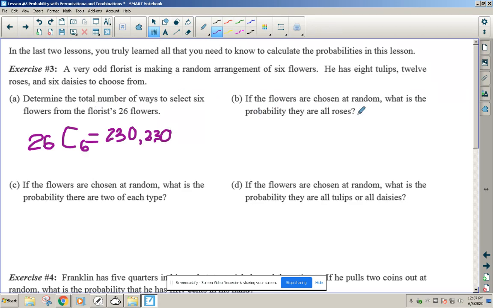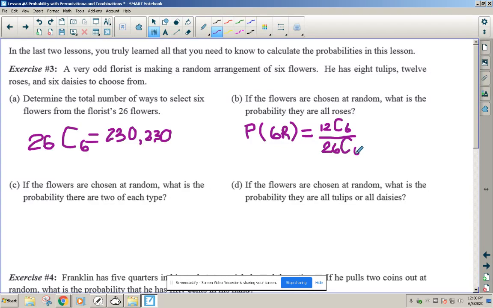So if the flowers are chosen at random, what's the probability that they're all roses? So this is now the probability that you chose 6 roses. And when you look, he had 12 roses. So 12 choose 6 out of now your 26 choose 6.